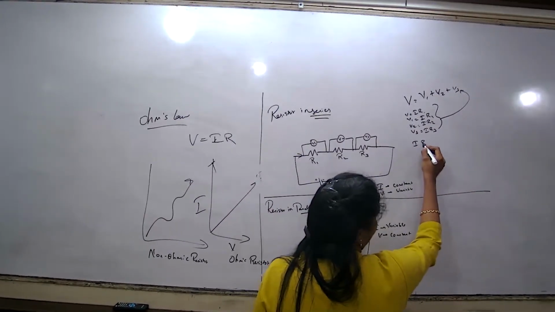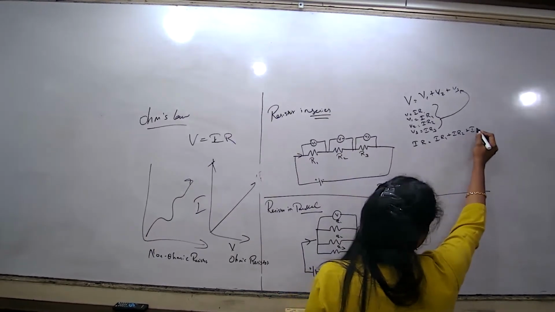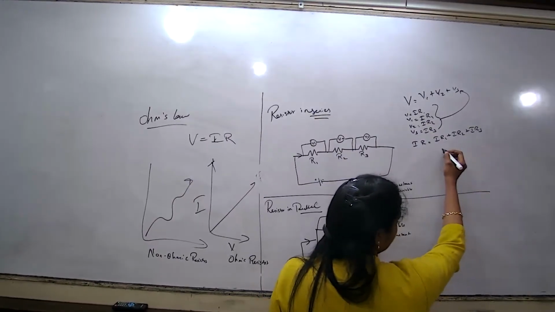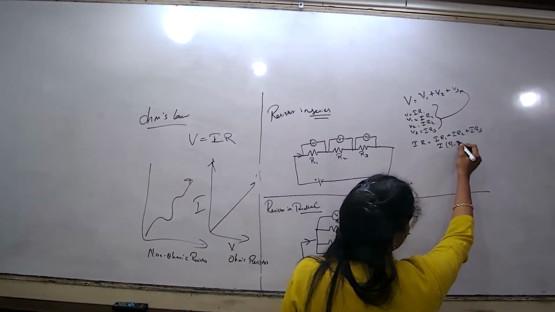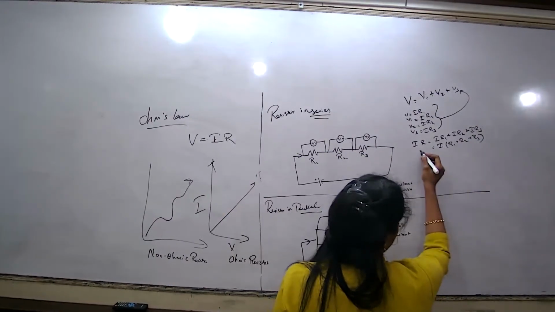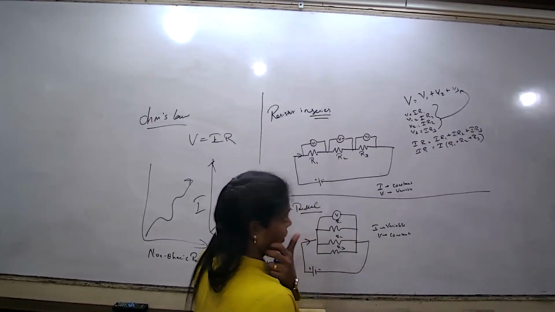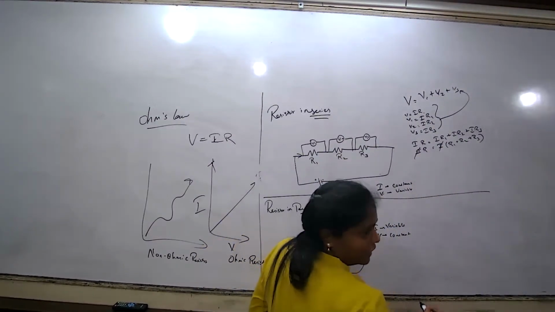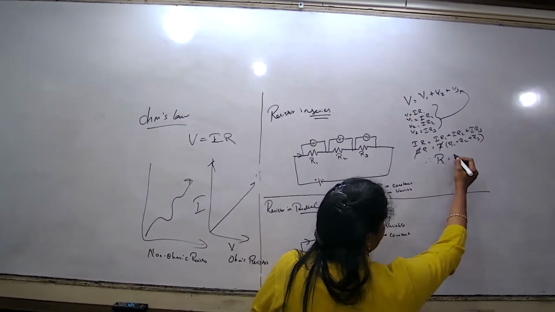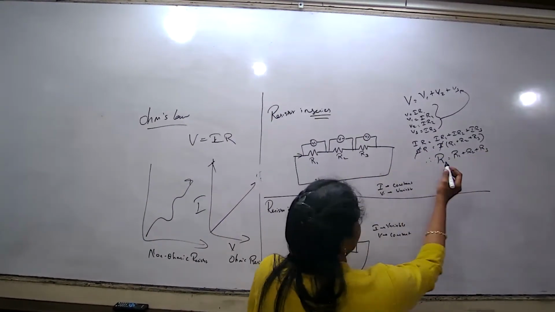So I R equals I R1 plus I R2 plus I R3. As I is constant, I am taking it out: I times (R1 plus R2 plus R3). I R equals I (R1 plus R2 plus R3), and this I gets cancelled. Then the formula would be R equals R1 plus R2 plus R3, when the resistors are connected in series.